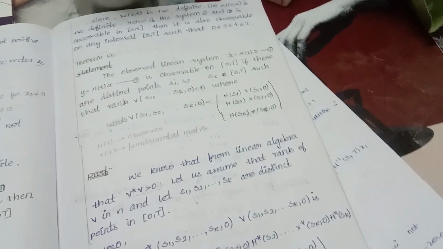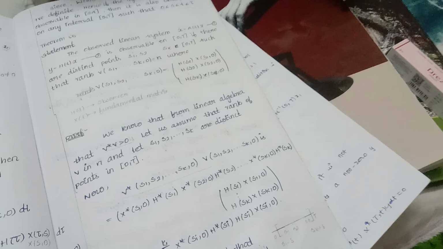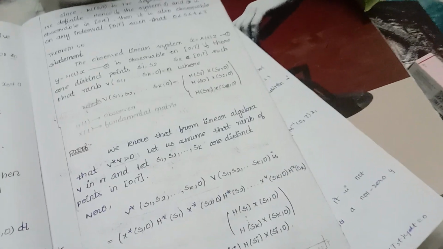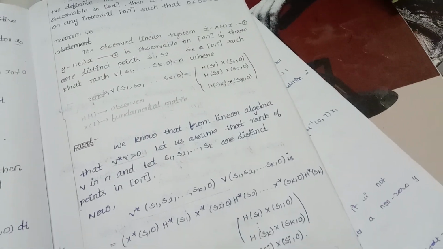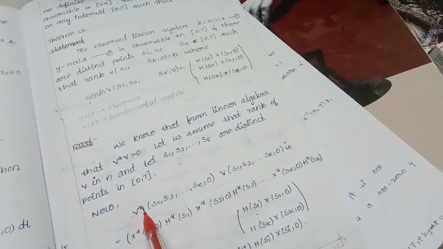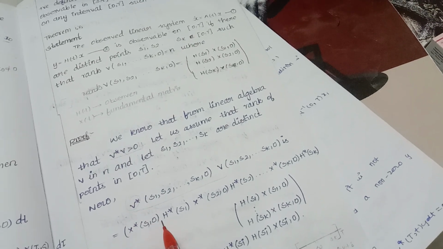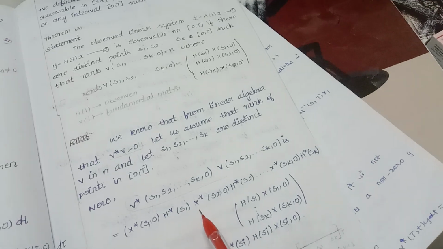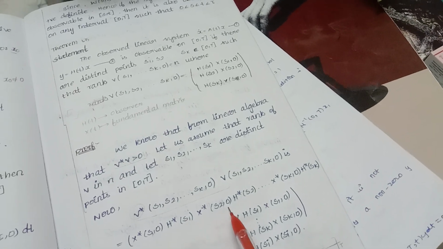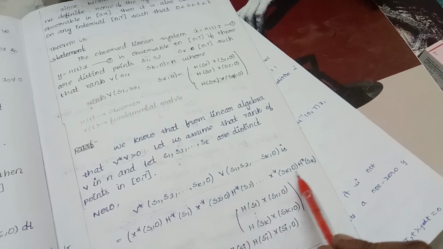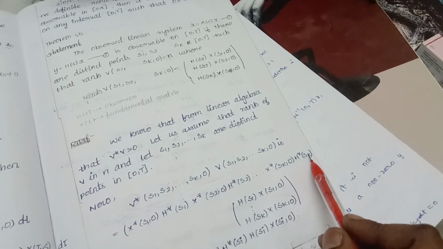So what is in row form is taken in column form, and what is in column form is taken in row form. So X star of s1, 0, H star of s1, and X star of s2, 0, H star of s2, up to X star of sk, H star of sk.